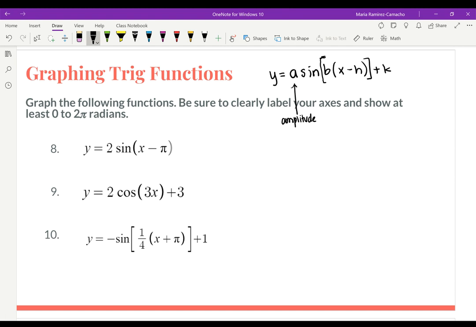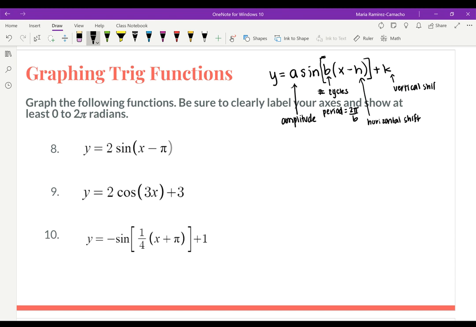It's also just your stretch factor. b is the number of cycles from 0 to 2 pi, and we can use the formula period equals 2 pi over b to figure out how long one cycle is. h is our horizontal shift. k is our vertical shift.